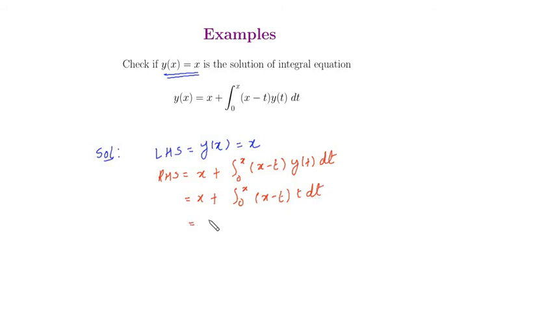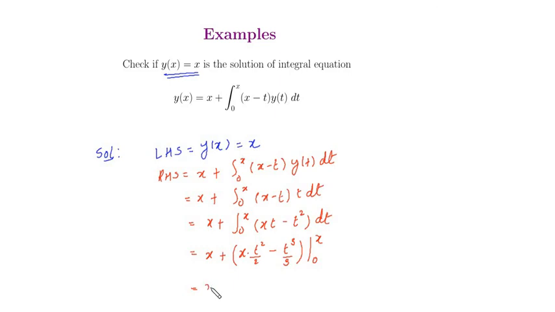For this evaluation, we open the bracket: integral from 0 to x of (xt minus t square) dt. This equals, integrating with respect to t, x plus x times t square by 2 minus t cube by 3, evaluated from 0 to x.